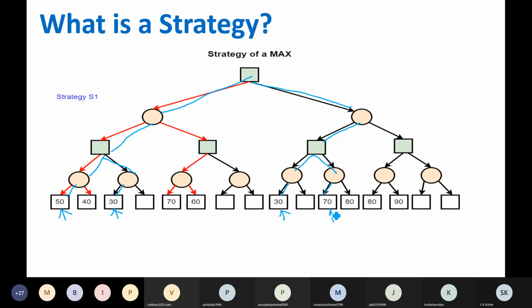There are 8 strategies in this game tree. You take any strategy from S1 to S8, you will find out this set will cover all those 8 strategies.